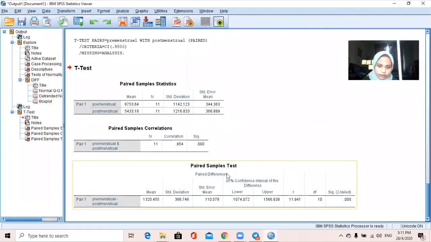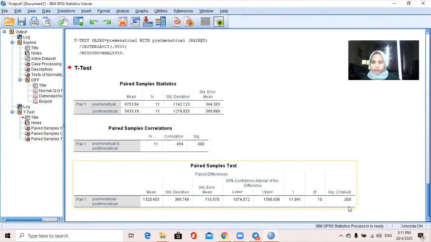Okay, so this is the paired samples t-test, where the premenstrual and postmenstrual p-value is equal to 0.000. So the p-value is less than 0.05, so there is a significant difference and we can reject the null hypothesis. The alpha is 0.05.